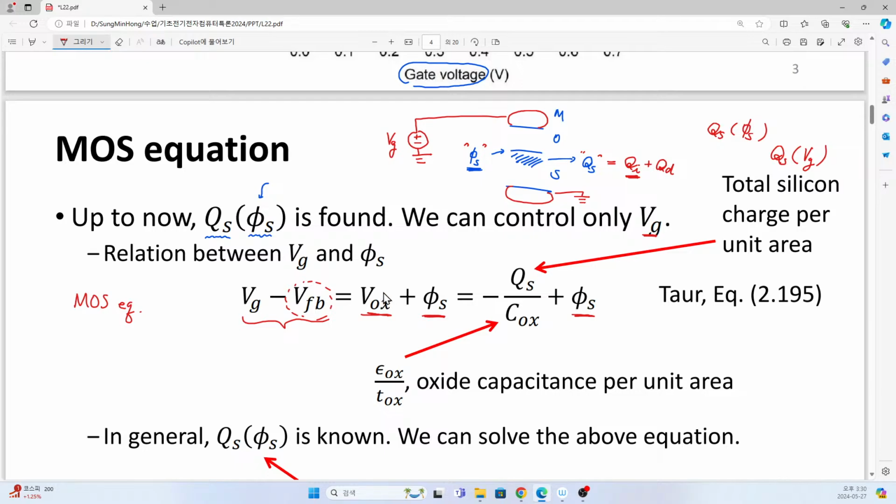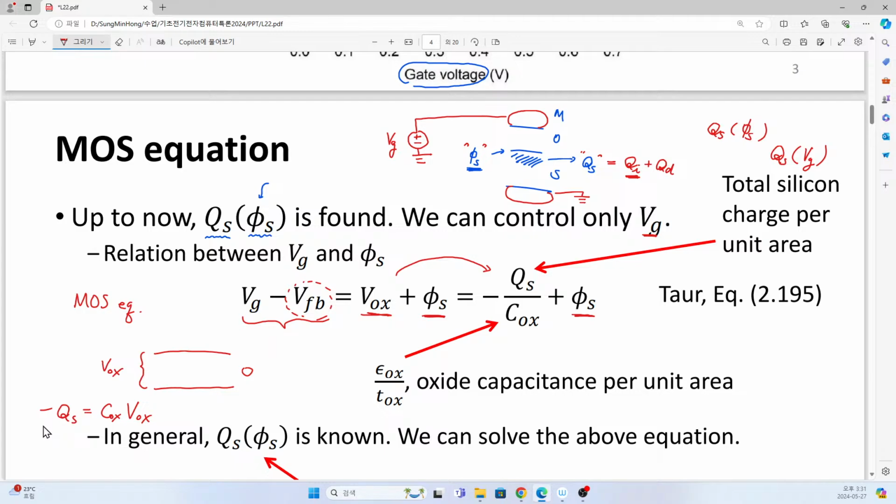Now we observe this important step. Since we have an oxide layer, the voltage difference across this V ox can be represented as this one. Minus Qs is corresponding to C ox times V ox.